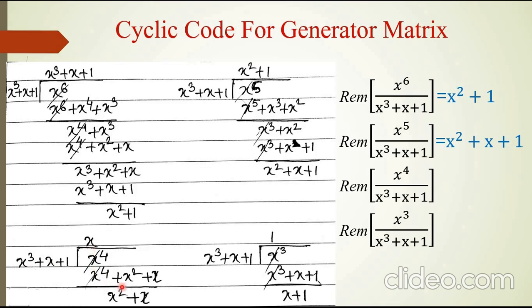So it will be x to the power 4 plus x squared plus x. And in modulo 2 addition, x to the power 4 will get cancelled. So it will be x squared plus x. So remainder is x squared plus x for this case. So let us mention here, remainder is x squared plus x.